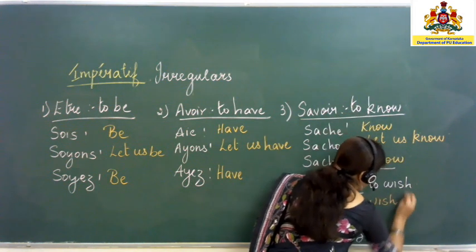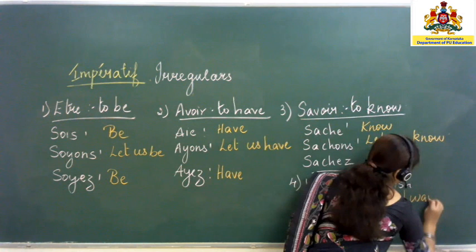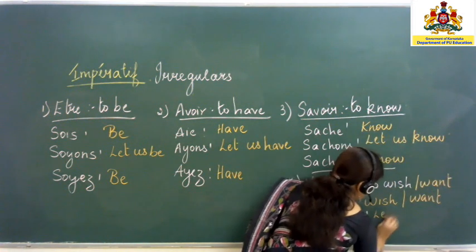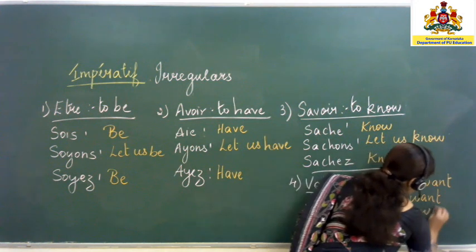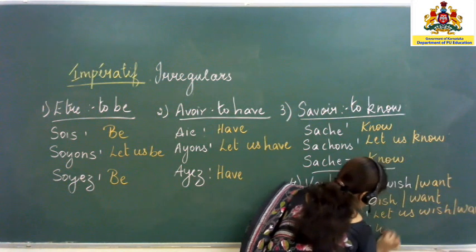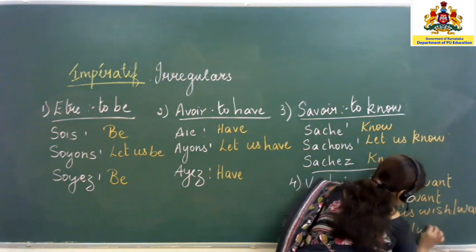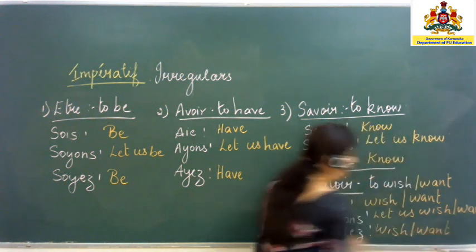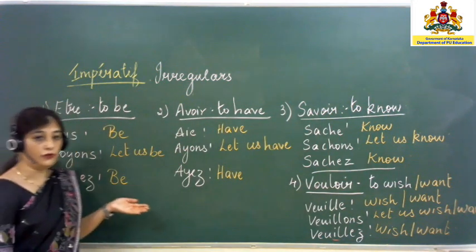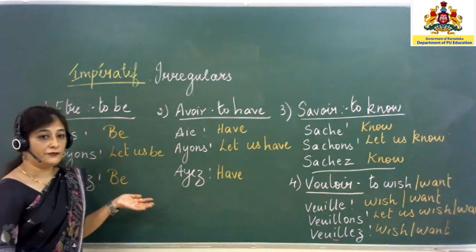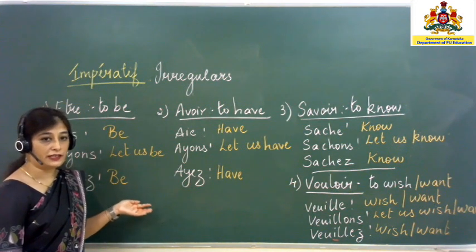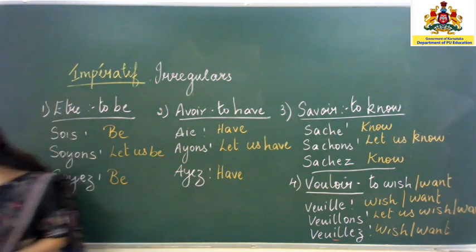Vouloir is wish or want, let us wish or want, and again, wish or want. Fine. This is your imperative for the irregular group of verbs. So we have finished the normal verbs. We will be moving on to reflexive verbs next.